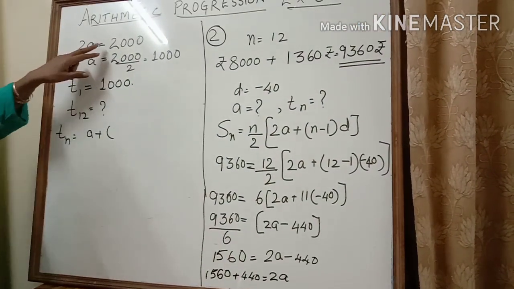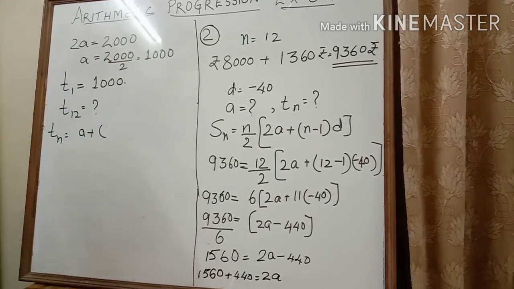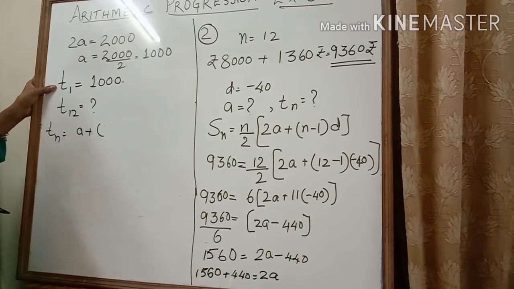Now 2a is equal to 2000. a is equal to 2000 divided by 2 is equal to 1000. So first installment is 1000.